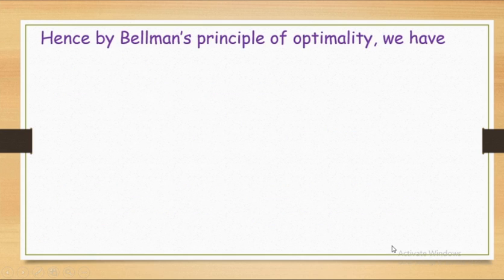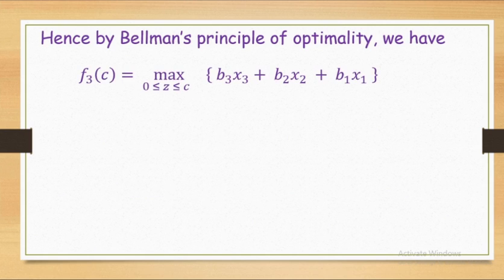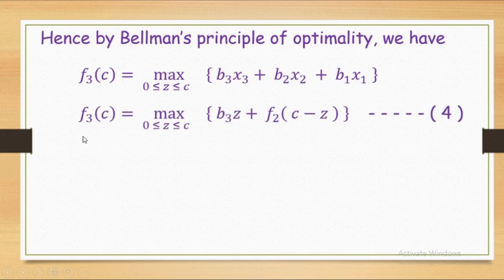Hence, by Bellman principle of optimality, we have f3 of c is equal to the maximum over 0 less than or equal to z less than or equal to c of b3 x3 plus b2 x2 plus b1 x1. This can be written as f3 of c is equal to the maximum over 0 less than or equal to z less than or equal to c of b3 z plus f2 of c minus z.